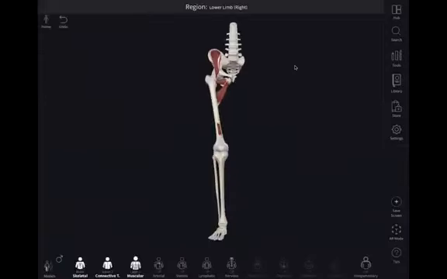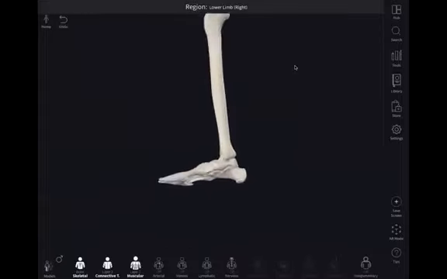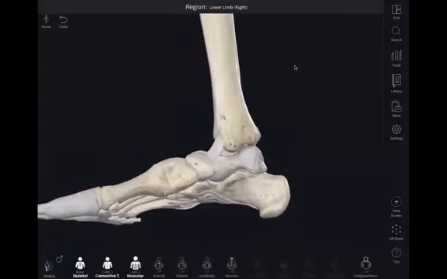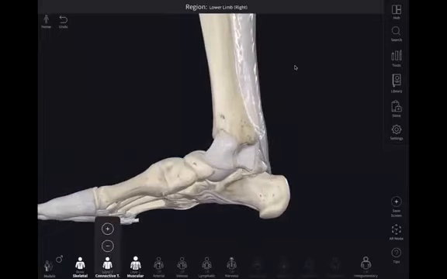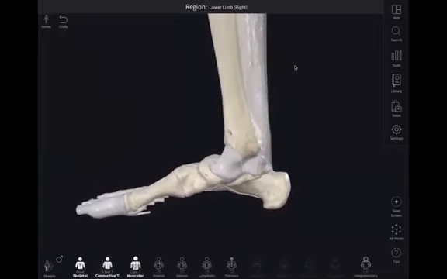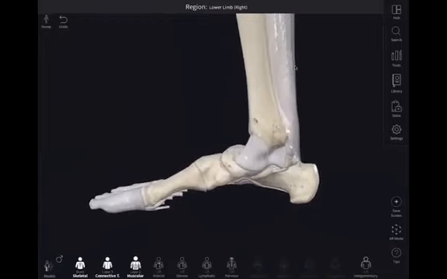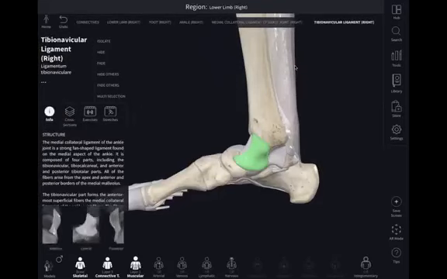One second. Now it will be clear for you, I guess. So this is the medial surface, right? Medial aspect.